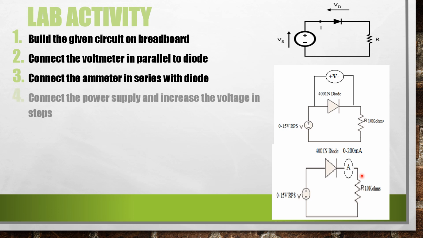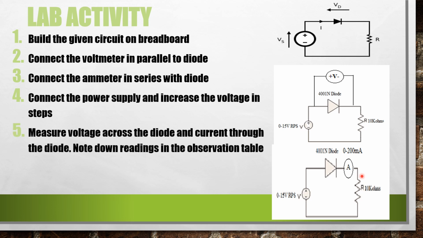Then connect the power supply and increase the voltage from 0 volts to 15 volts in steps. Then measure the voltage across diode and current through diode. Note down the readings in the observation table. Then plot the graph between current and voltage that you have measured.